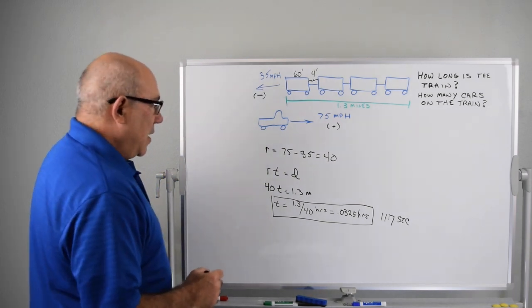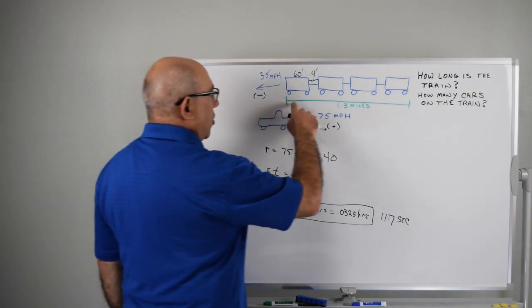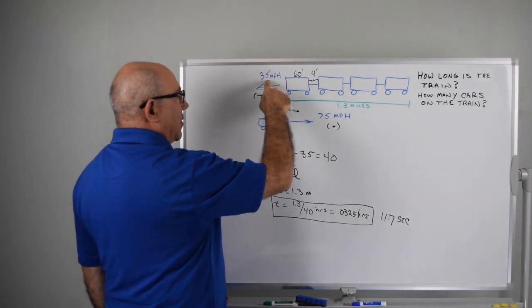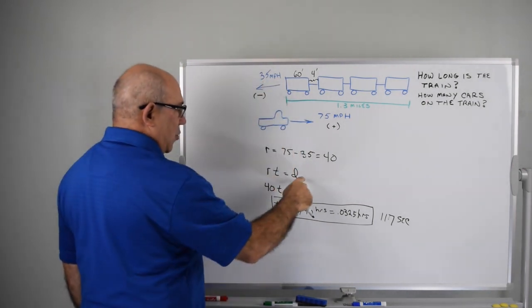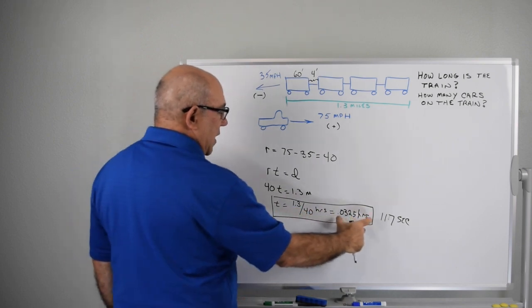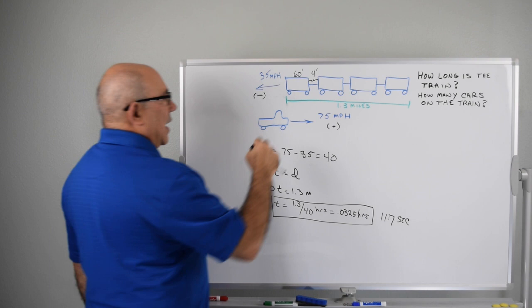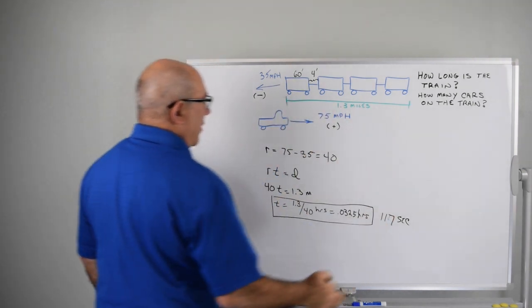Now, what we really want to know is how long is the actual train. So if we base that on 35 miles an hour, and we use this formula again, now that we know the time, we just use the time on the actual speed of the train, and we'll have the actual length of the train.